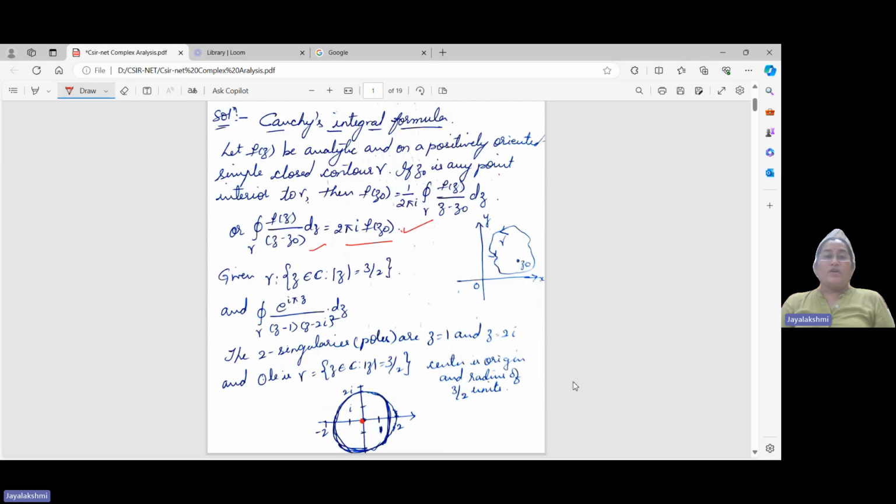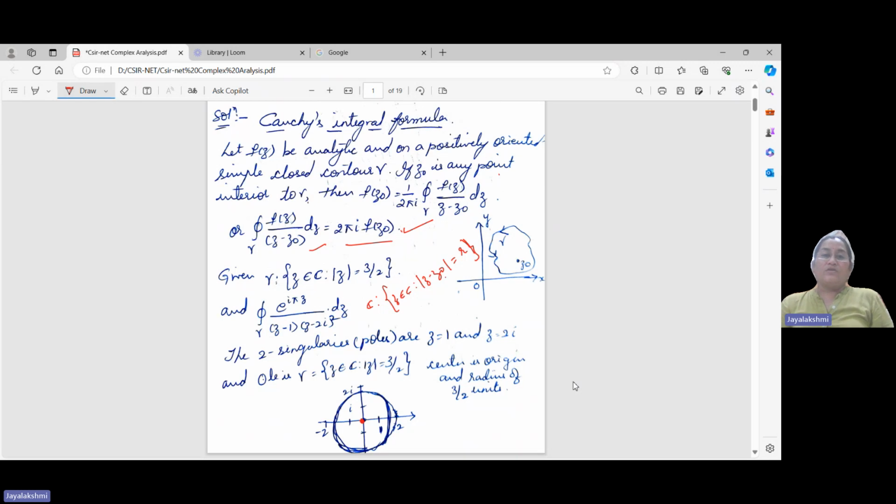Right. So for us, the given circle is gamma, z in C such that mod z equals 3 by 2. Elaborately, the circle definition is given by the set of z belonging to C such that modulus of z minus z naught is equal to r. This is what we have circled. Now we can make the comparison.